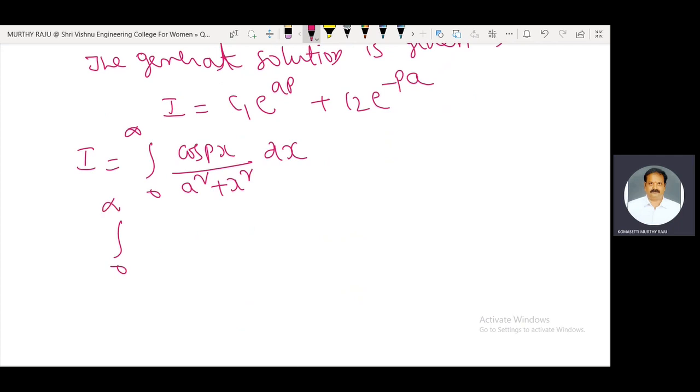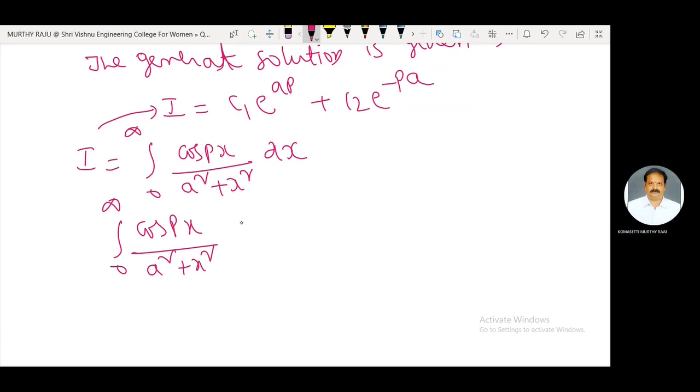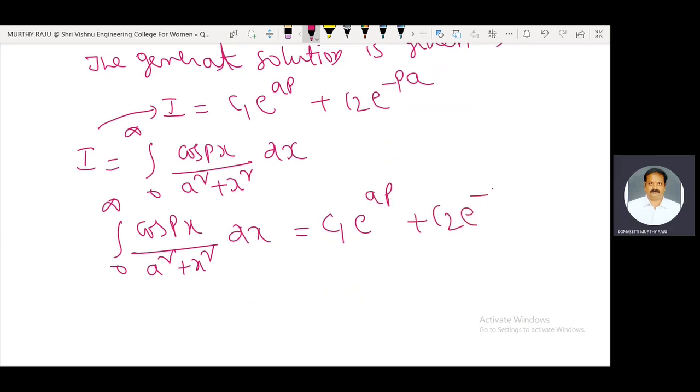Substitute I: integral 0 to infinity cos px by a square plus x square dx is equal to C1 into e power ap plus C2 into e power minus ap.